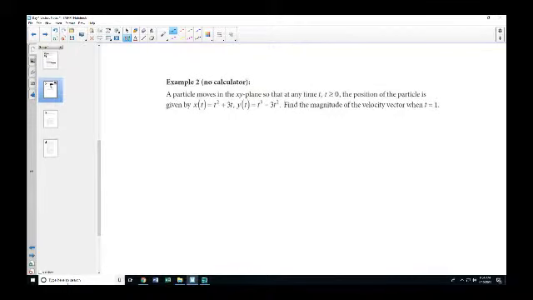Example 2. The particle moves in the xy plane, so at any time t, with t greater than or equal to 0, the position of the particle is given by x of t and y of t. Find the magnitude of the velocity vector when t is 1. Again, you reference your formulas here.